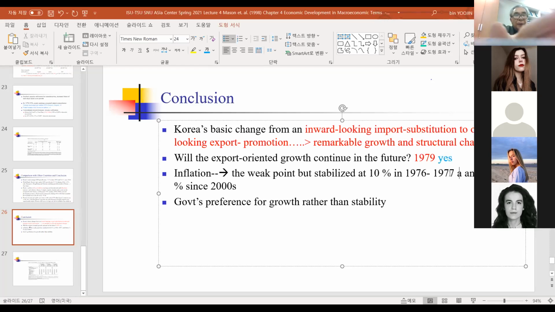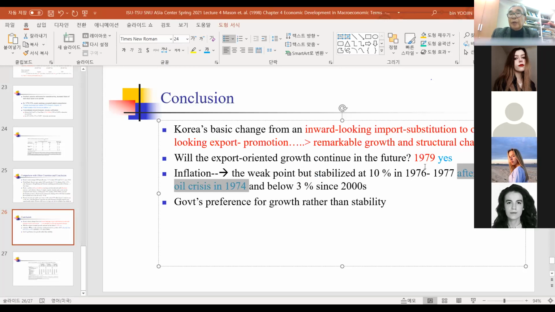Because after the first oil crisis in 1974, the oil price was quadrupled at the time.